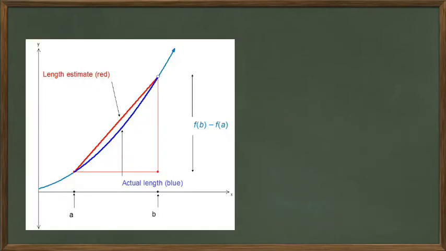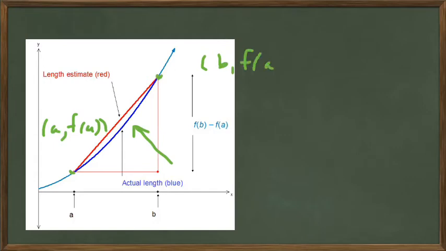So what we are trying to find is this length of curve that is marked in blue. The length of the curve between this point, which is A comma f of A, and this point right here, which is B comma f of B. So we're trying to find this length along the curve.